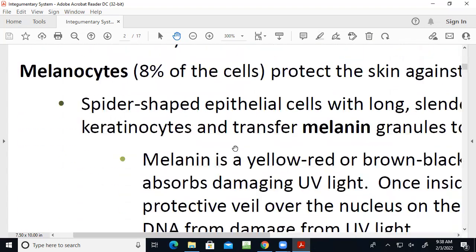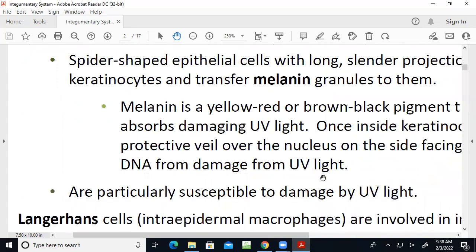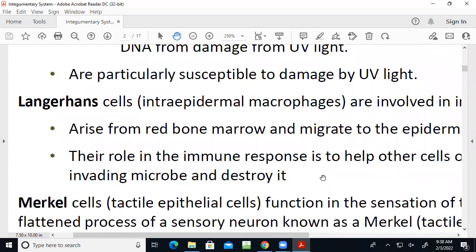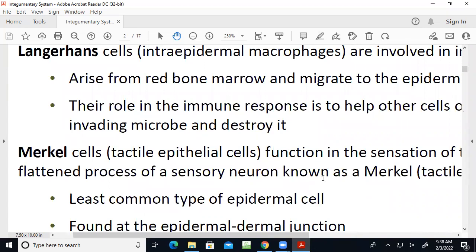There's 4 principal types of cells: keratinocytes, melanocytes, you've got Langerhans cells, also go by the fancier term intraepidermal macrophages. And then Merkel cells, which also go by the fancier term tactile epithelial cells.